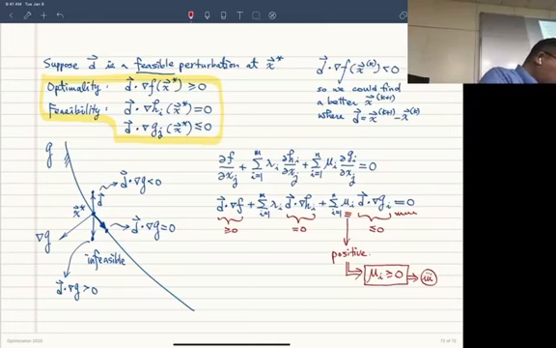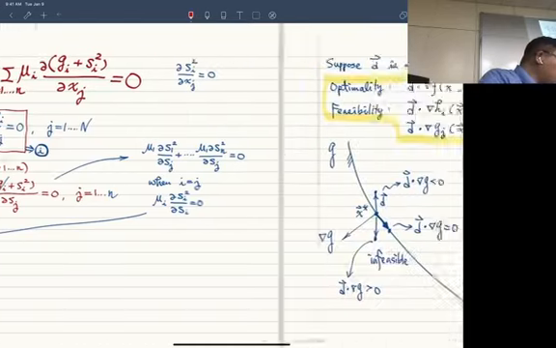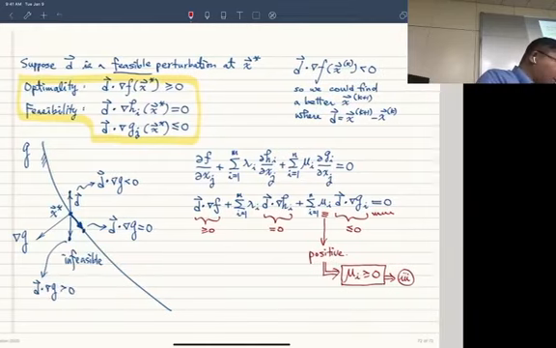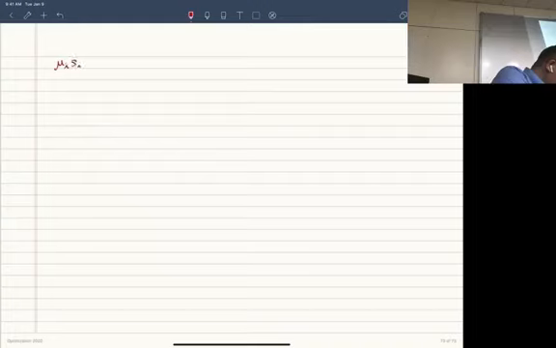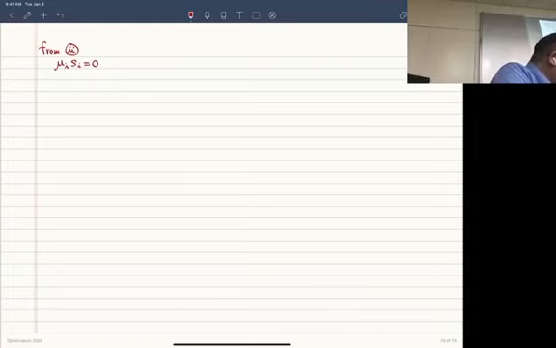Okay, and take a look at our second part. Mu i s i equals zero. Okay, so now we go back to mu i s i. Mu i s i must be zero. That was from the second part of our derivation. We know all the mu i s i must be zero, and since g i plus s i squared is zero, right?